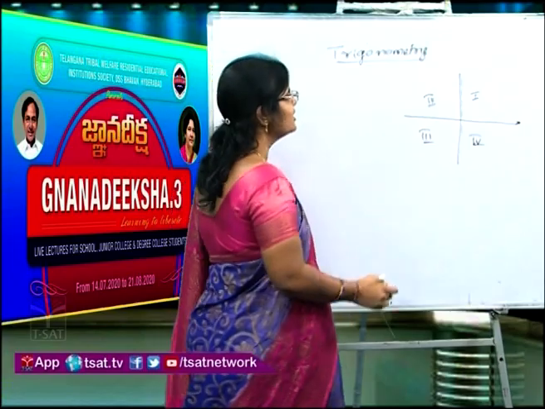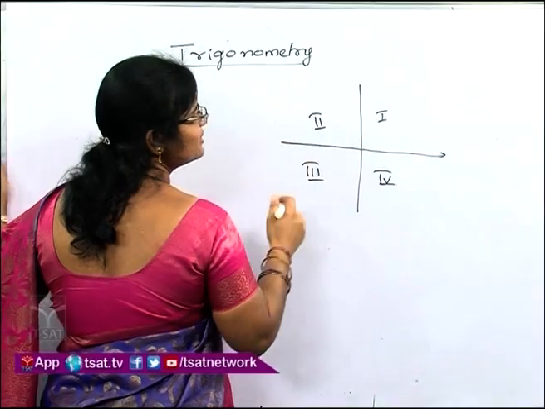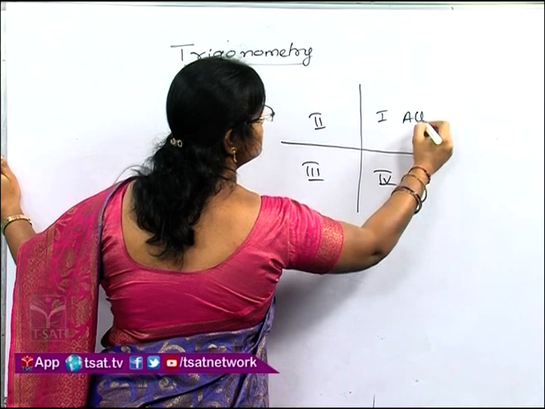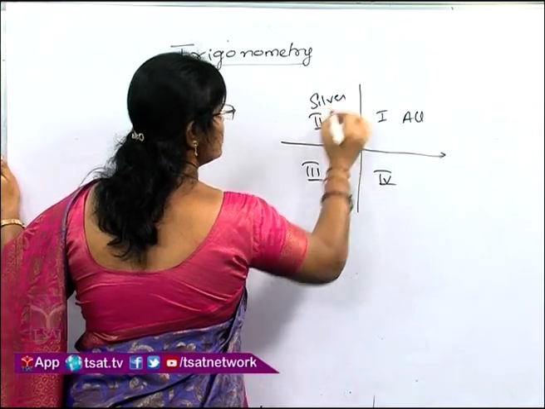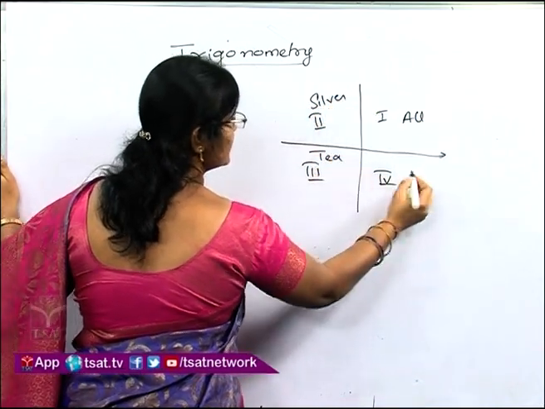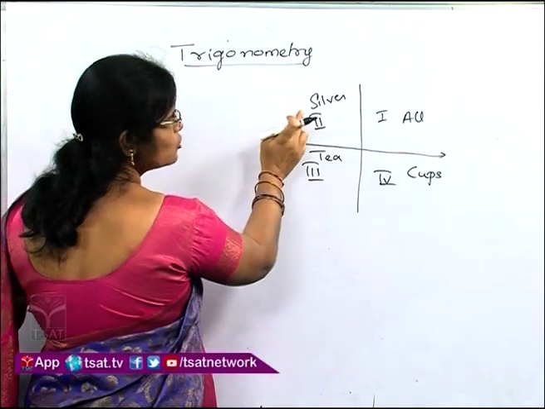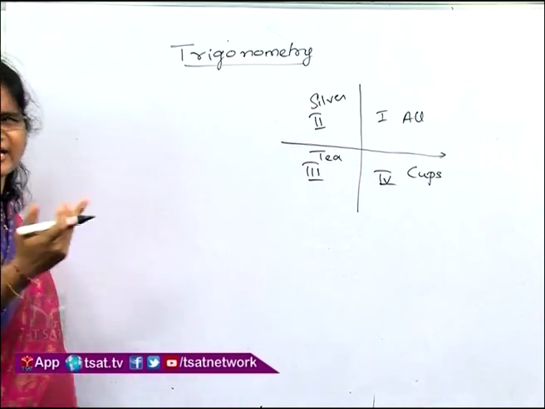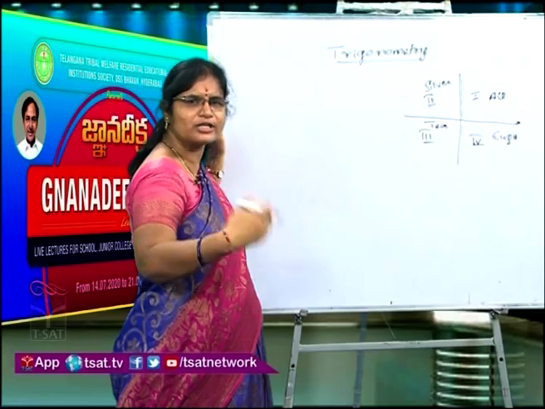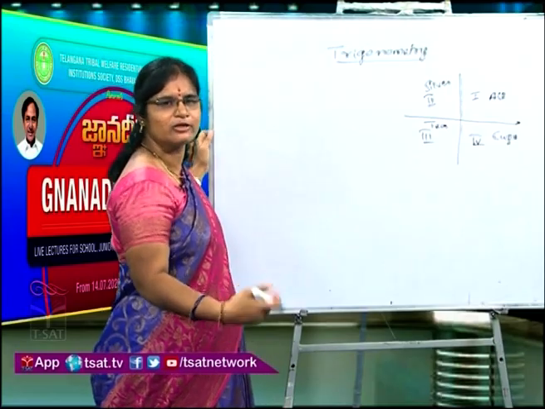Here, children, we should remember some logic, that is All Silver Tea Cups, or you can remember it in another way as Add Sugar To Coffee. Anyway you can remember, children. You should create your own logic to remember the formulae.